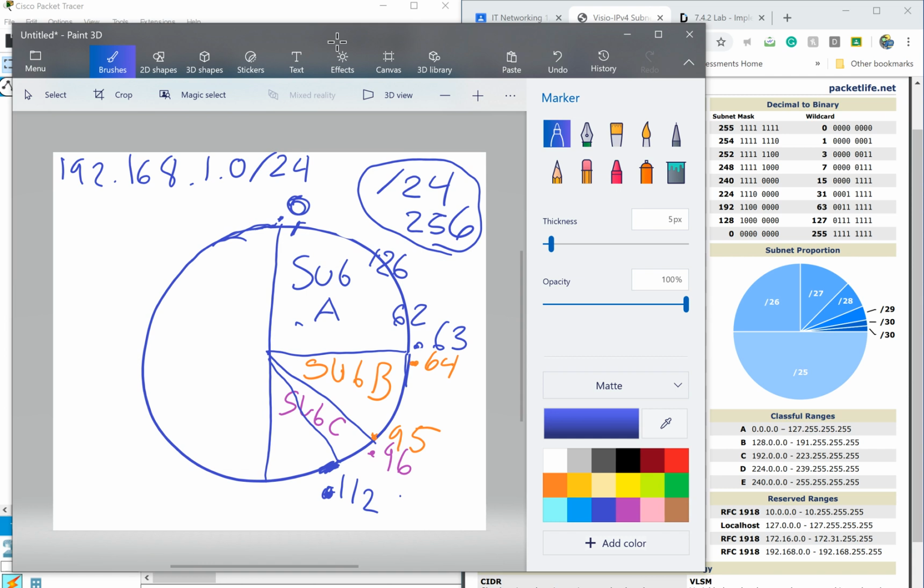If you're counting from 0 to 63, you'll count 64 total numbers. But we can't use that one. That's a network address, and this is a broadcast address. So what we can use is everywhere from .1 all the way to .62. Okay, so that's 62 total usable addresses.